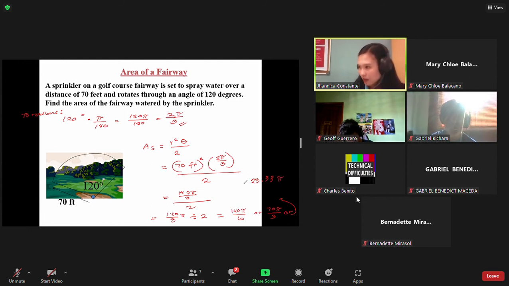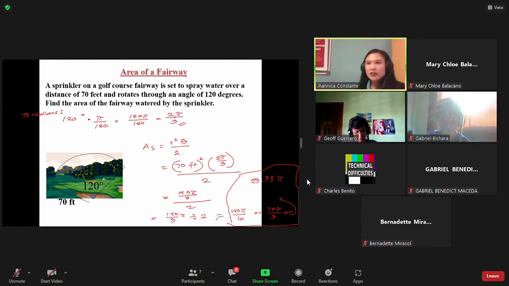So that can be our answer for the problem on the screen, about the area watered by the sprinkler in the fairway with a 70 feet distance and an angle of 120 degrees. We can have 70 pi over 3, or in decimal form, 23.33.